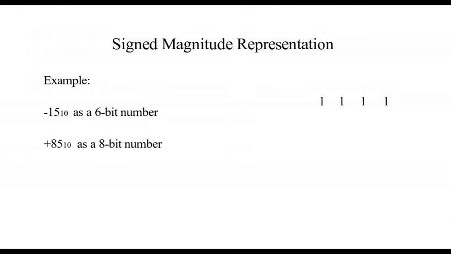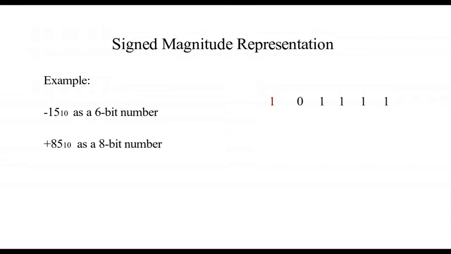Okay, so that's 15. But since it's 6-bit, and ang nasulat natin dito is 4 lang, we're going to add another 0 and 1 here for the sign. It is 1 kasi nga, this is negative 15. So this is now the binary value of the decimal number negative 15.